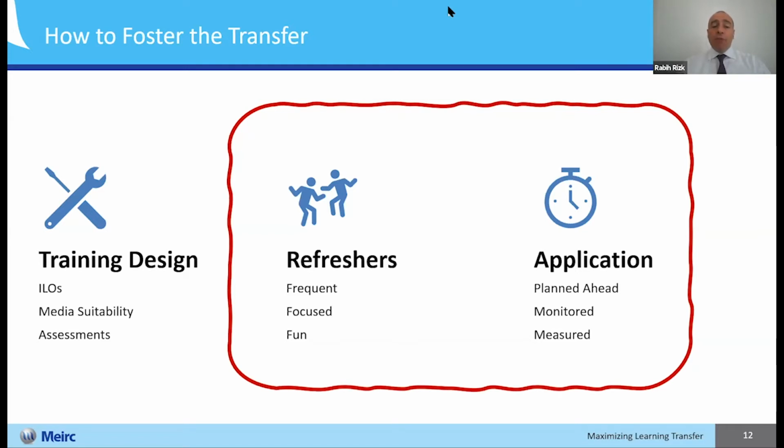And for refreshers, I would like you to always remember that to be effective, refreshers would be frequent, focused, and fun. I'll give you some examples of these right away, but imagine refreshers are like stimulations for the participant's memory on several occasions after the training that might go for 1 year post the training that happened in a classroom, for example.